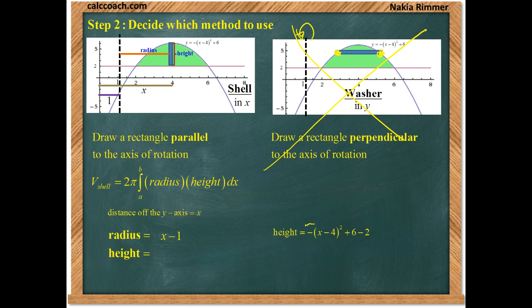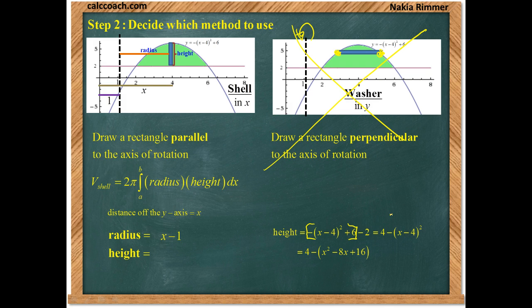So if I could write it like this, I have the parabola, and I take away 2 from it. Well, just take away 2 from the 6 and make it a 4, and we would have 4 minus that quantity squared. For simplification's sake, we're going to have to multiply out this time. So if we square out x minus 4 quantity squared, we get x squared minus 8x plus 16.